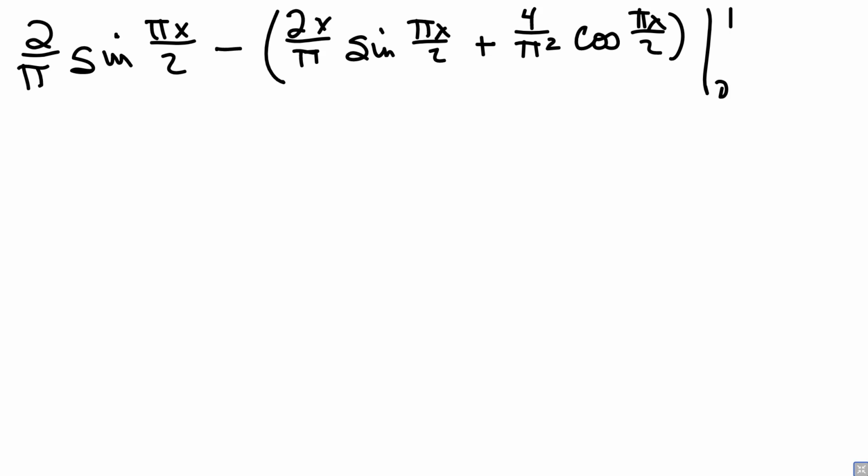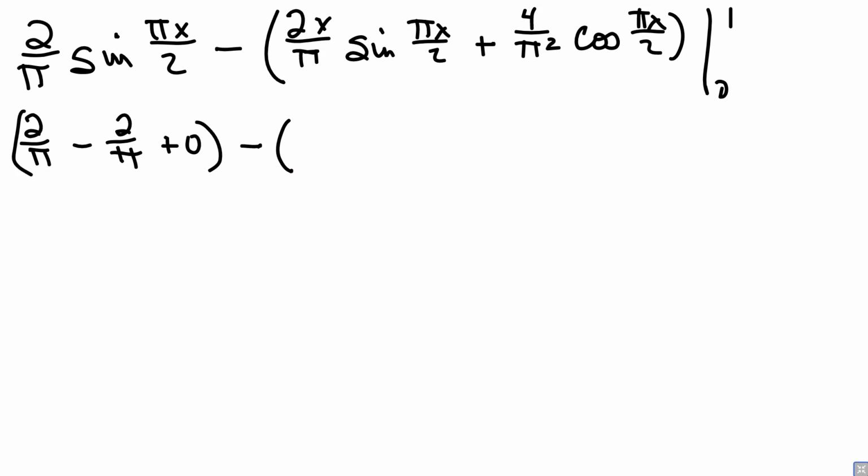Okay, so if we plug in 1, we're going to have 2 over pi minus this here is going to produce 2 over pi. This last term is going to be 0, so that's fine.